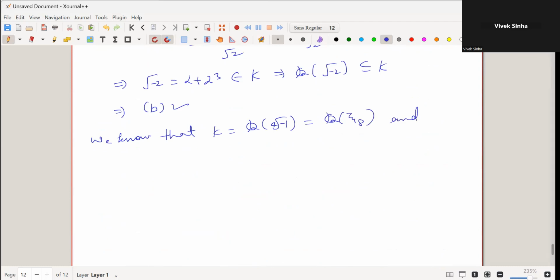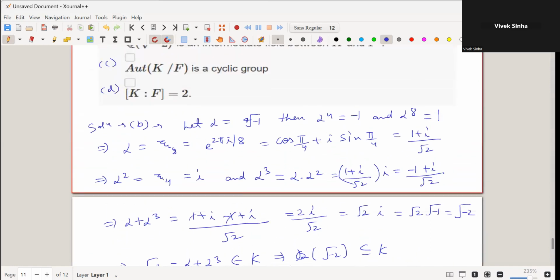The Galois group of Q zeta n over Q is isomorphic to U n. So the Galois group of Q zeta 8 over Q is just U8, right?